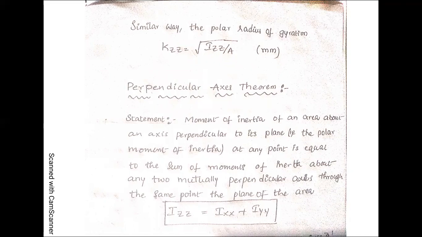And in this moment of inertia concept, we have two theorems: one is the perpendicular axis theorem and the other is the parallel axis theorem. These two help us to calculate the moment of inertia of an object at various locations.